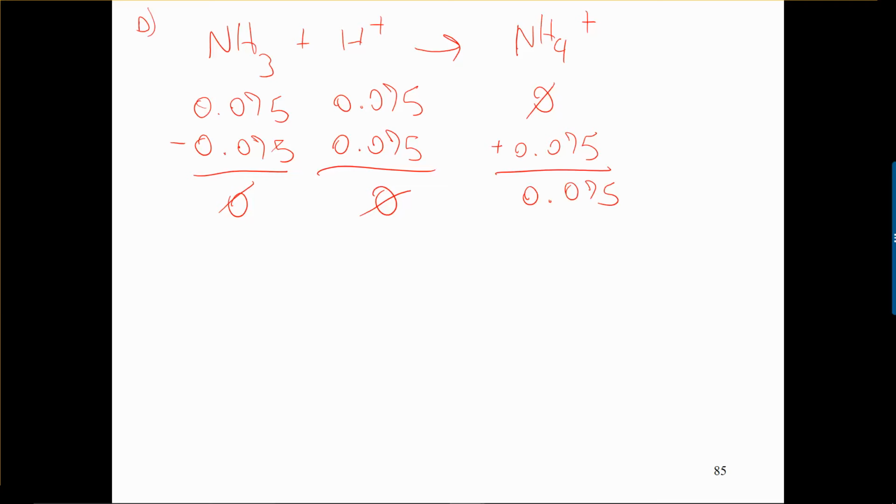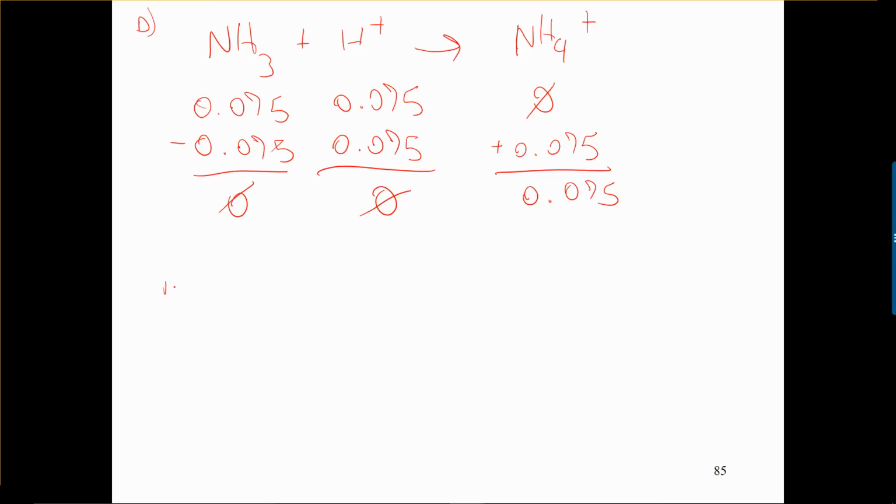What is the question? How would I word this question to find the pH at this point? Find the pH of S. What is the pH of a 0.075 molar NH4 solution? That's the question at this point, because that's all I have.